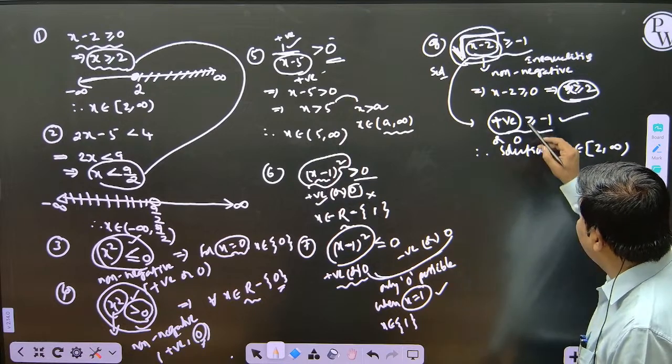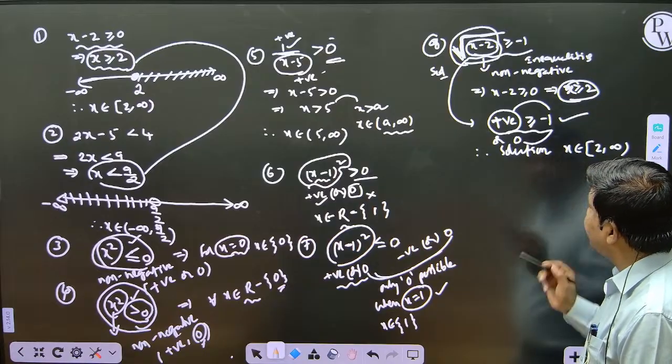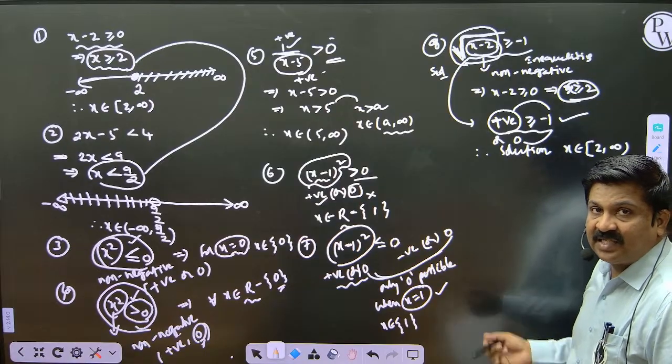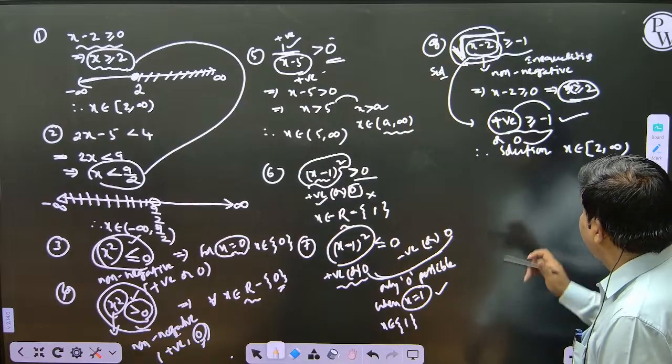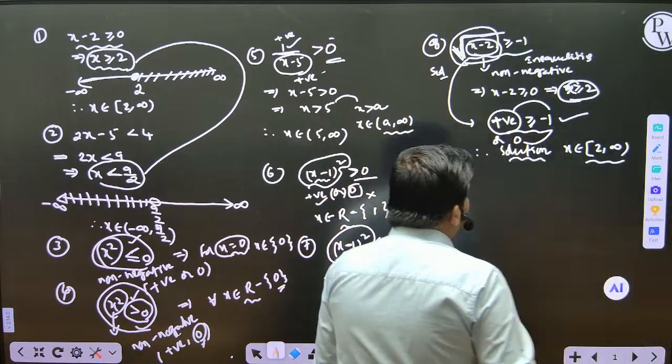But a positive value is also greater than minus 1, and 0 is also greater than minus 1. So your solution set simply becomes x belongs to [2, infinity).